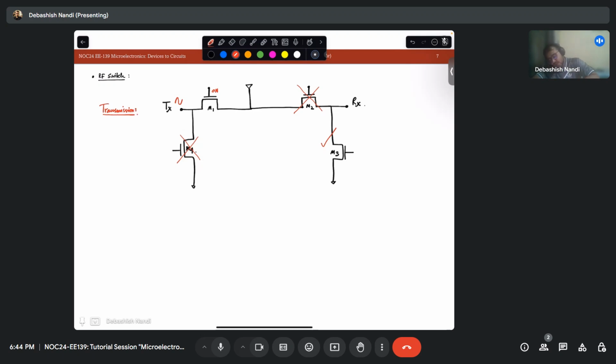Your signal will come via this path, and if any reflection is coming from this receiver, it will directly get grounded via this path. Once this reaches the antenna, then the antenna will radiate.